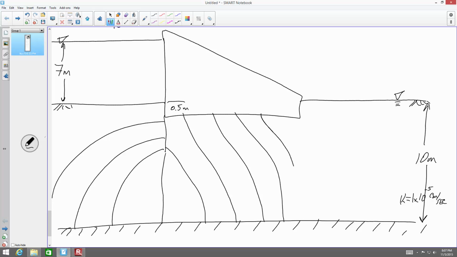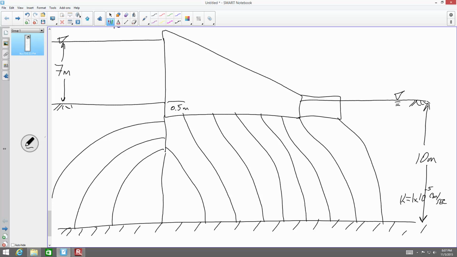Wow. I don't have my dam long enough. 4, 5, 6. So the dam just got longer. 1, 2, 3, 4, 5, 6, 7. 1, 2, 3, 4, 5, 6, 7 comes off the corner there. I guess I could be real slick and do this, right? Technology, right?